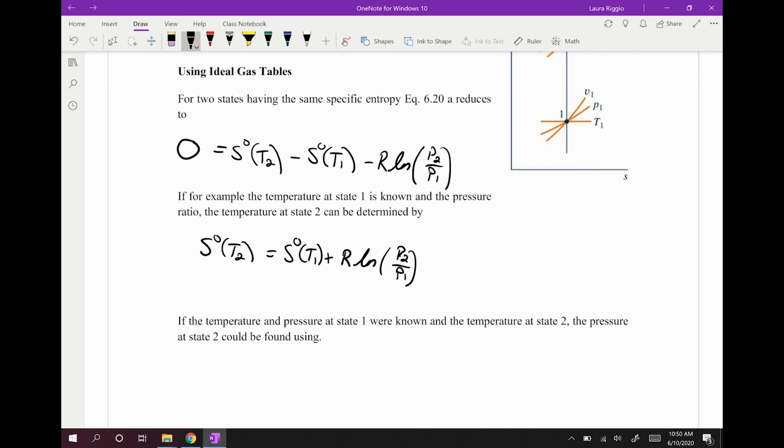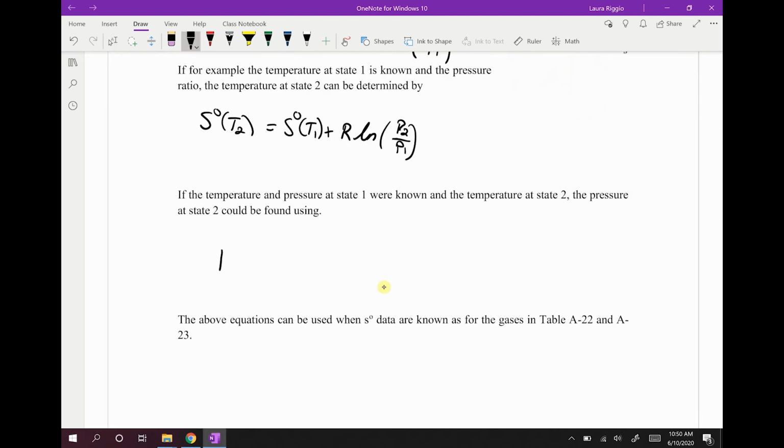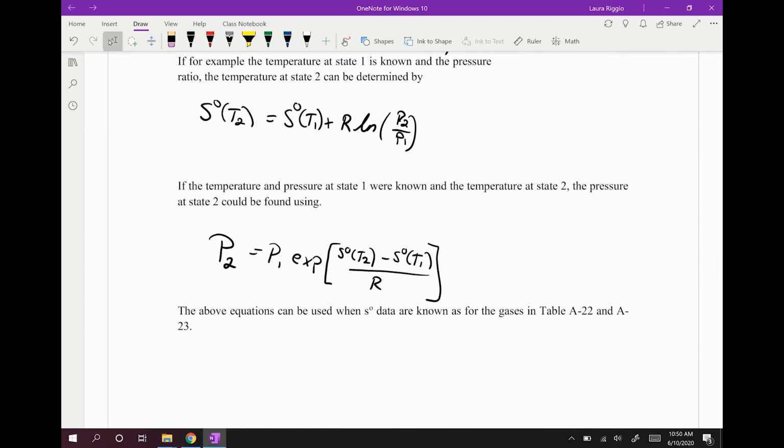If the temperature and pressure at state 1 were known, and the temperature at state 2, we could find the pressure at state 2 by rearranging the equation to get P2 is P1 times the exponential of s° of T2 minus s° of T1 over R. If we know our s° data, solving these equations for state 2 is very simple.